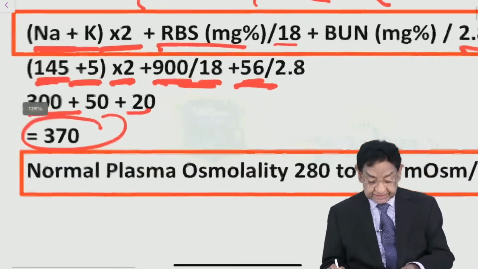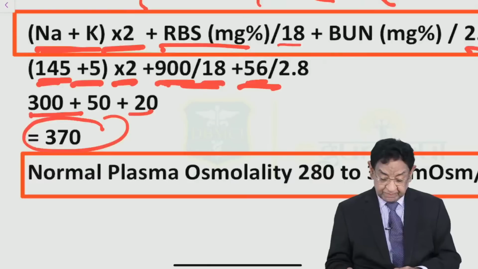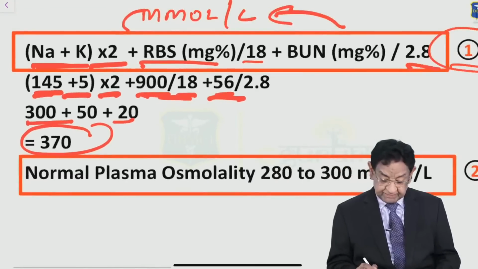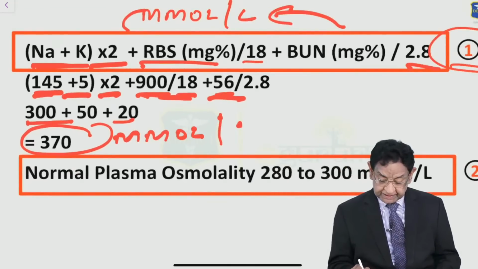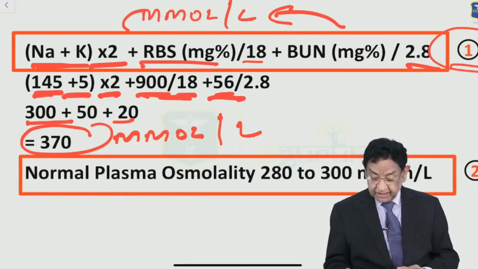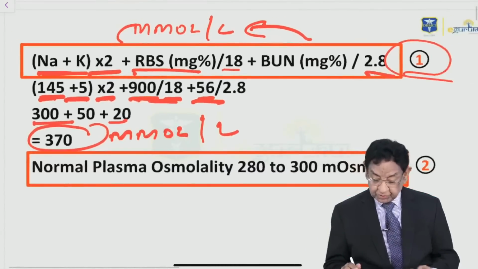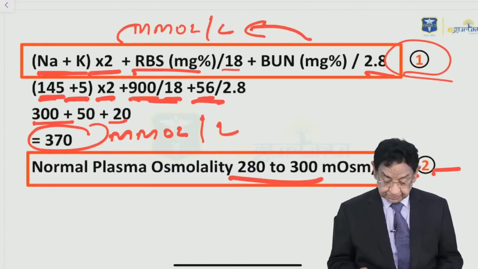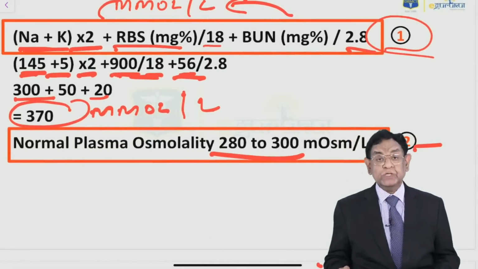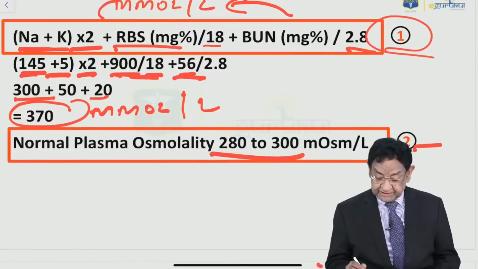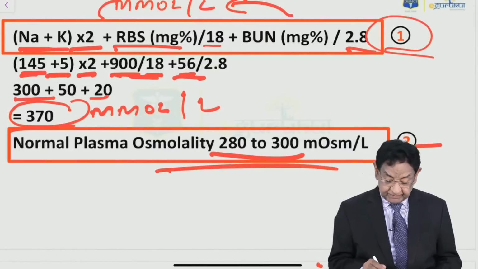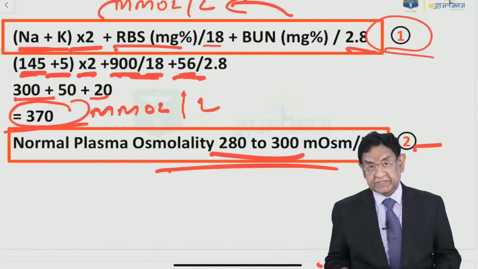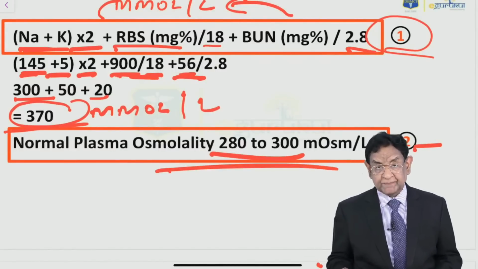So in this patient, total plasma osmolality is 370 millimole per liter. Now, what is the normal plasma osmolality? 280 to 300. This is box number 2. So the normal, as I told you, osmolality is up to this range, and in our case, this is 370, much more than the normal.